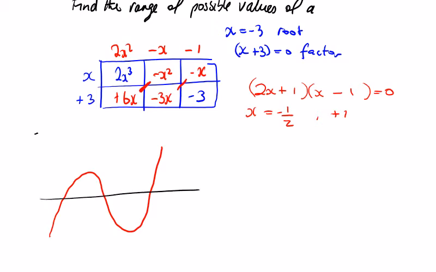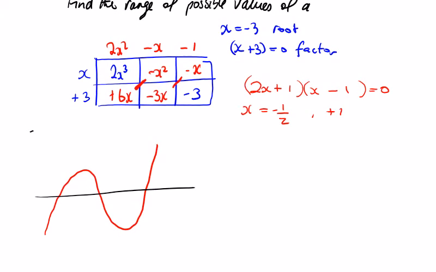There are two roots on the left hand side of the axis, and let's say that root there is 1. If I draw my y-axis approximately here, I've got my 1, my minus a half, and my minus 3.